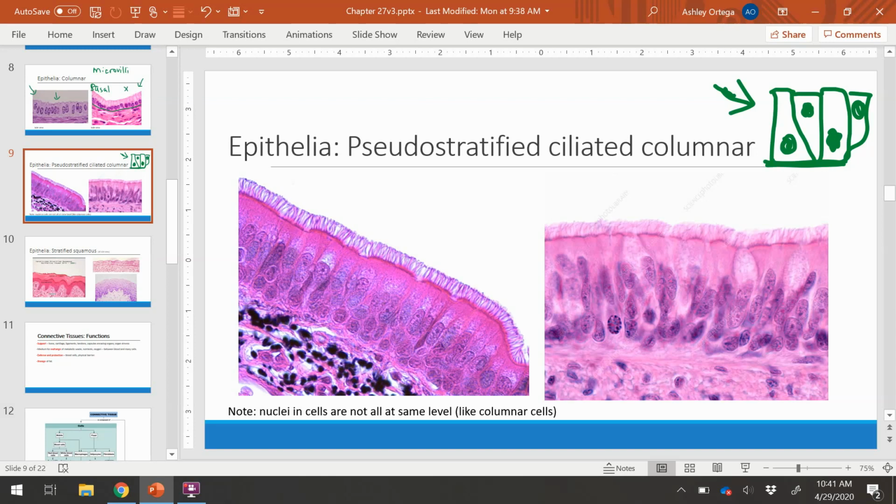That makes it look like there are many layers, even though there's not. It looks like many layers, but there's just one.